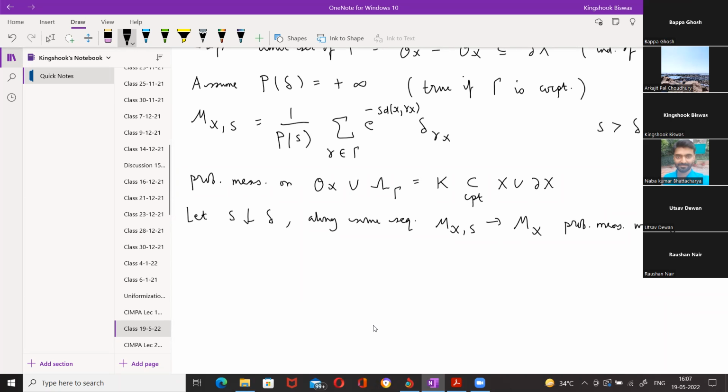Therefore, the mass of any ball inside X is 0. So this means that mu x will be supported in the limit set. The support of mu x is contained in the limit set. Is this clear? So I get a measure in the limit which is supported on the limit set.